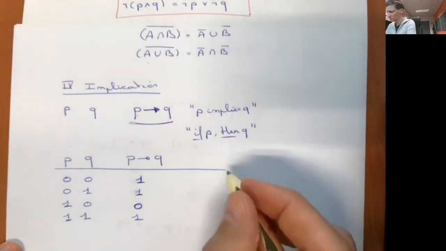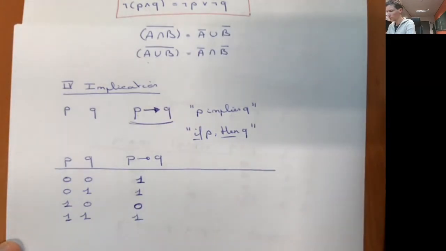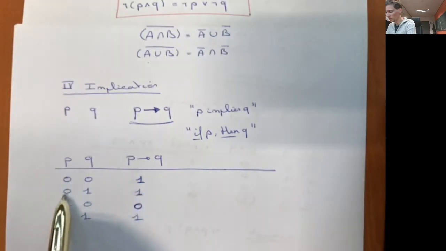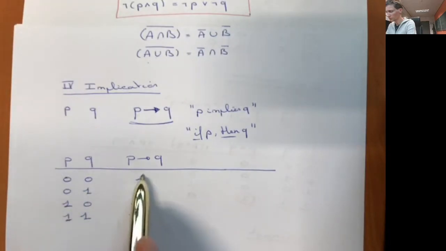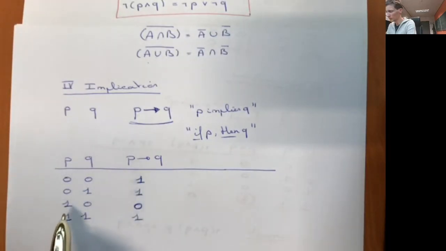Okay. So this is an important application. It is something many students have problems with, but it's just a logical consequence. Whenever P is false, this is always true, no matter what. If P is true, then P implies Q is only valid whenever Q is true.